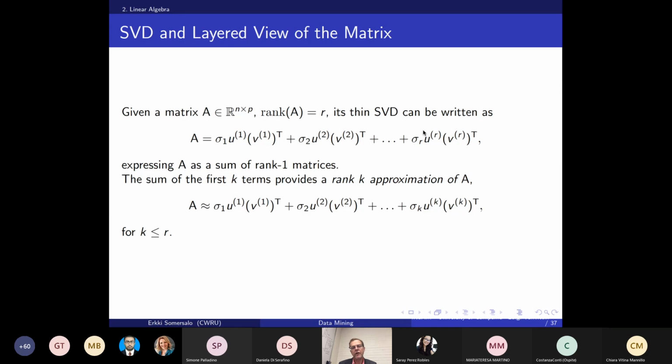And so if you drop the last term, for instance, you are probably not making a big change in your matrix A. So you get an approximation of A which is pretty close to A still, because sigma_r is small. And so in general, we can say that if we want a rank K approximation of A, what we can do is retain the first K terms in this sum and throw away the remaining part.